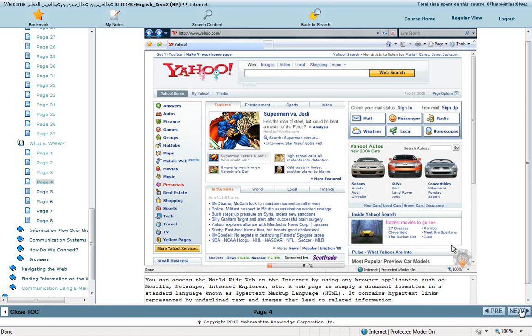You can access the World Wide Web on the Internet by using any browser application such as Mozilla, Netscape, Internet Explorer, etc. A web page is simply a document formatted in a standard language known as Hypertext Markup Language, HTML. It contains hypertext links represented by underlined text and images that lead to related information.